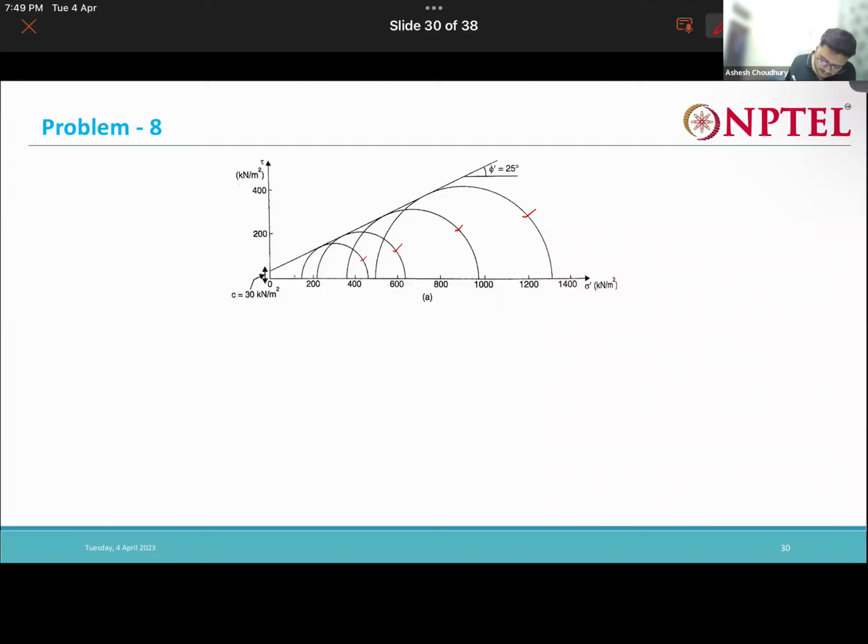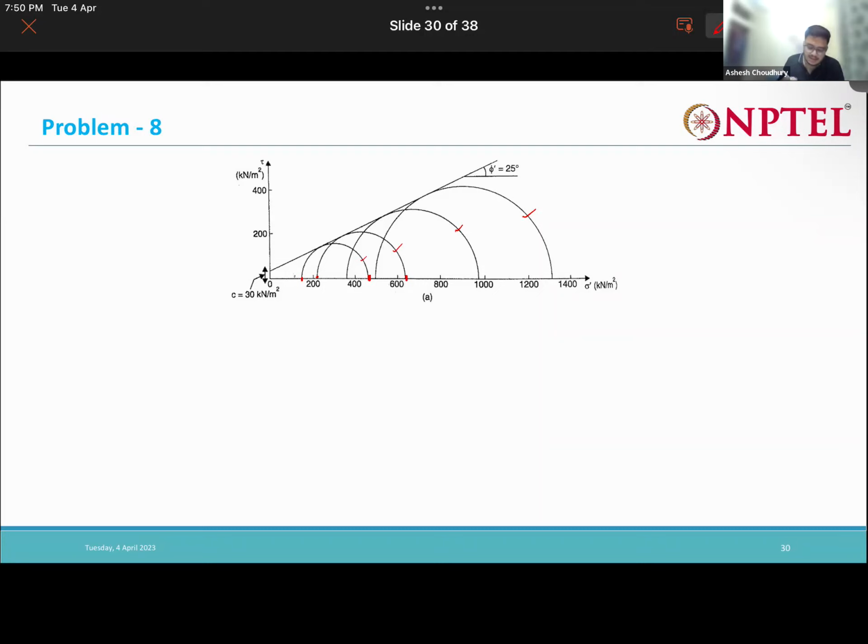Initially this was 145, this is 445, this is 215, this is 625, like this. All the 4 circles are plotted. After plotting these Mohr circles, we draw a straight line, a common tangent to all these circles.